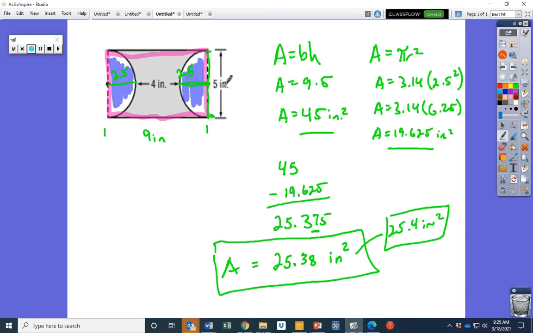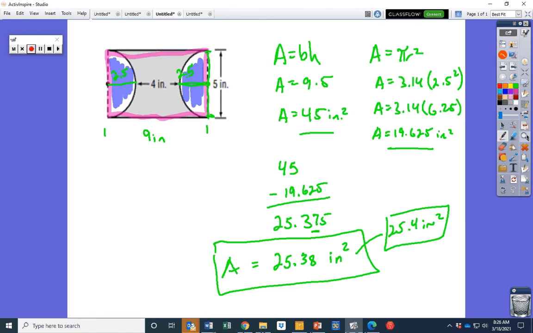That 6? 2.5 times 2.5, squared? You do 2.5 squared, and that's 6.25. So for the 2.5 with the half circle, that's the radius.